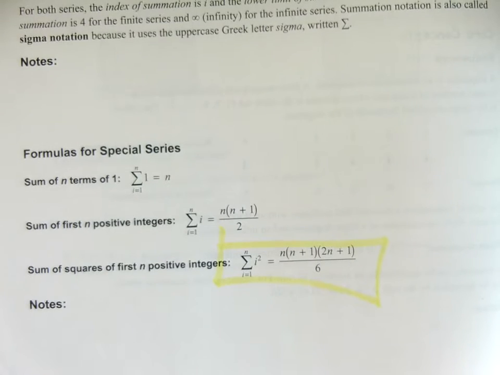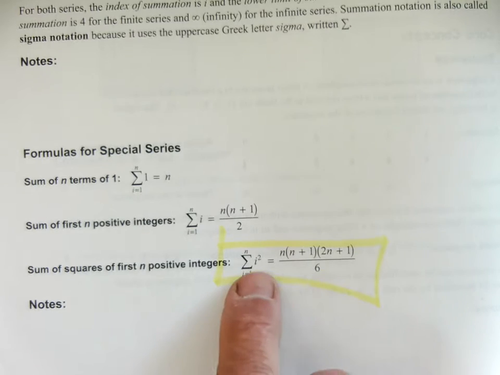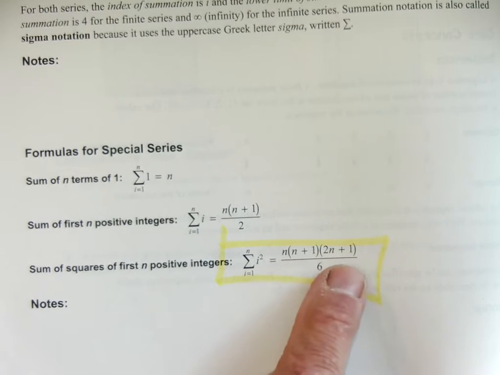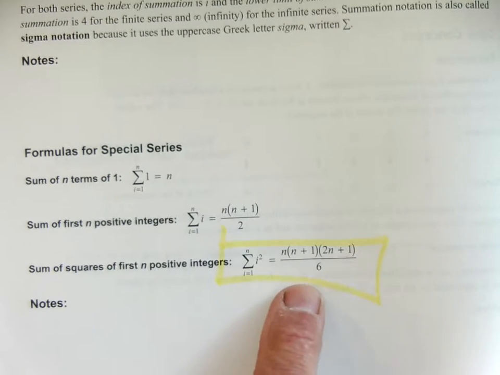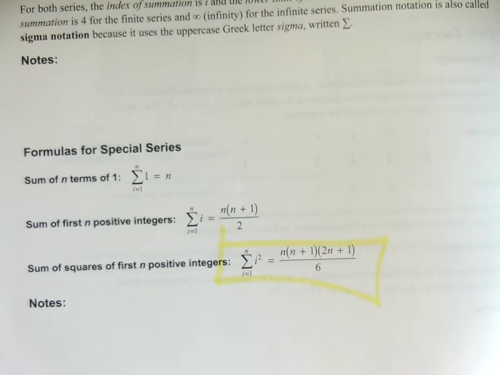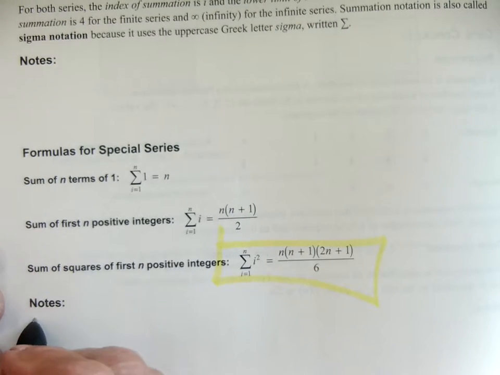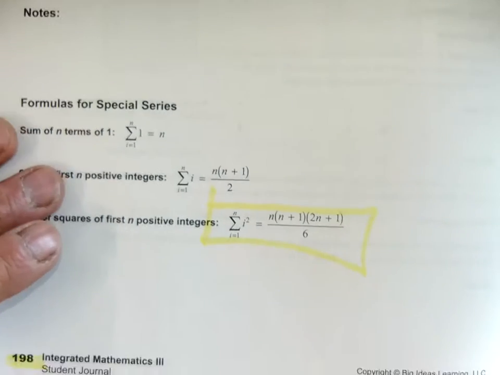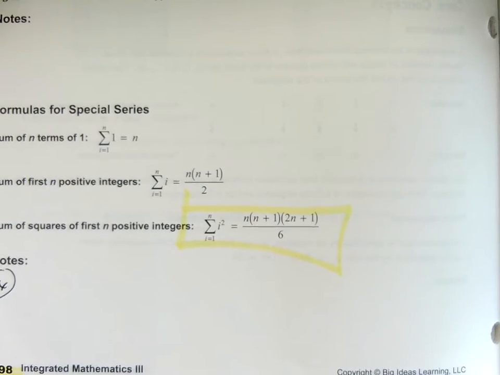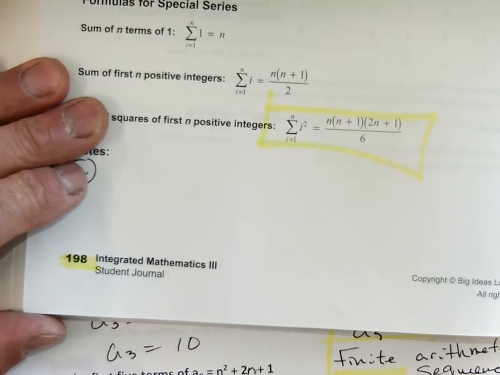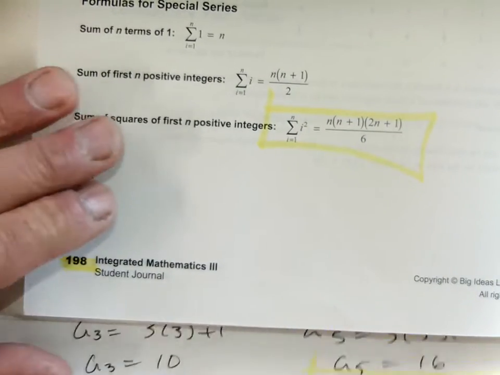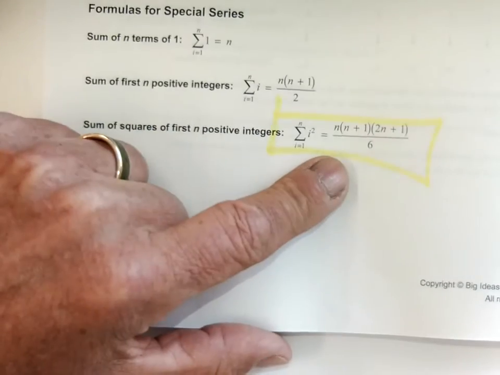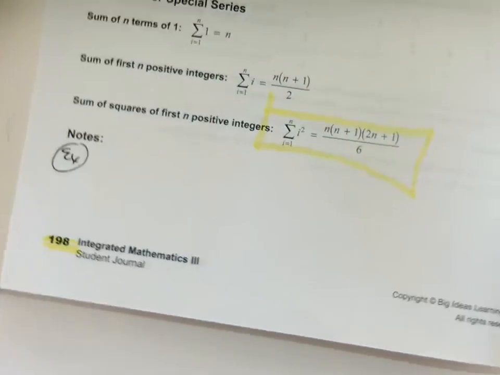I squared, okay? I squared is equal to n times n plus 1 times 2n plus 1 all over 6. What does this mean? Okay, example on this one. Well, in our notes, we're just going to do the first 5 terms, okay? And so I'm going to come back to this because I want to look at this, okay?